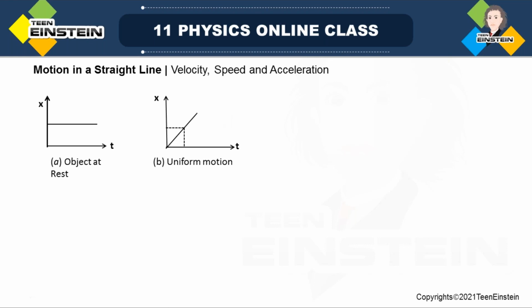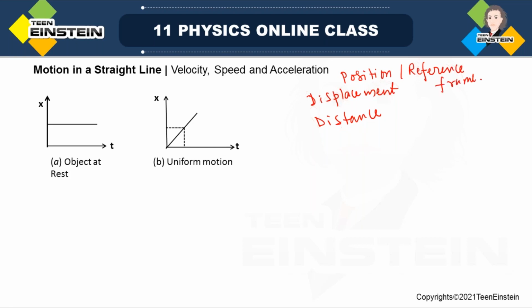We had already learned what is displacement in the previous lecture, what is distance, what is position before that, and then reference frame, etc. And most importantly, what we have learned is the definition of motion.